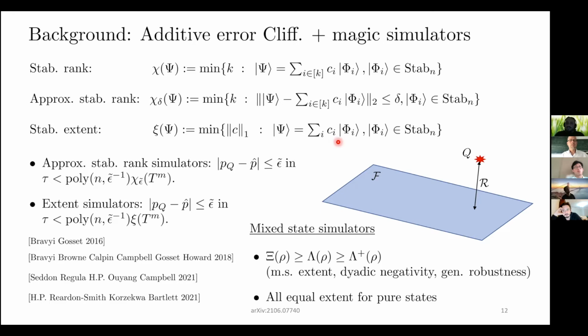But when you do these sampling procedures, you're going to find that the runtime of these tricks is going to scale in the one norm of these, because you have to normalize certain probability distributions, and it involves dividing by the one norms of these things. It's pretty involved to explain, but if you've seen these kinds of simulators, conceptually the notion of stabilizer extent makes sense, and one can see how it connects to negativity and runtimes of simulators. Okay, all right.